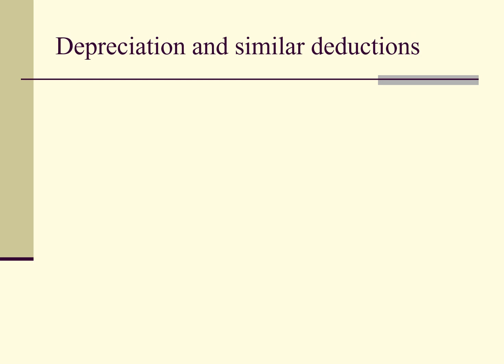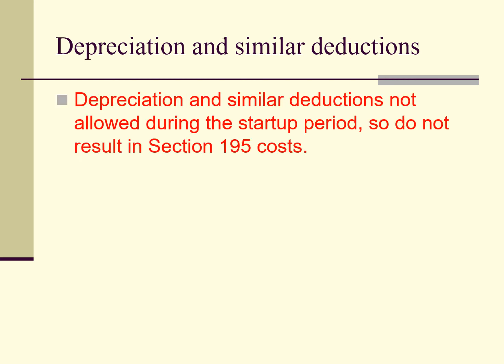Here is an important point regarding depreciation and similar deductions incurred by a company subject to Section 195. As discussed in the text at 7.042, depreciation, amortization, and cost recovery deductions are generally not allowed during the startup period, so these are not Section 195 costs.